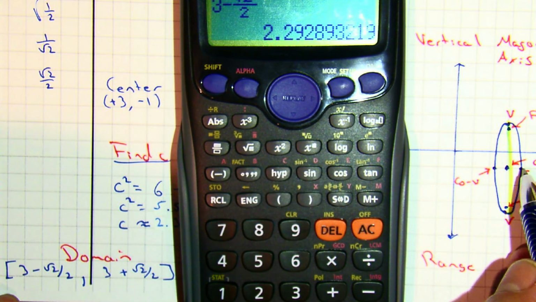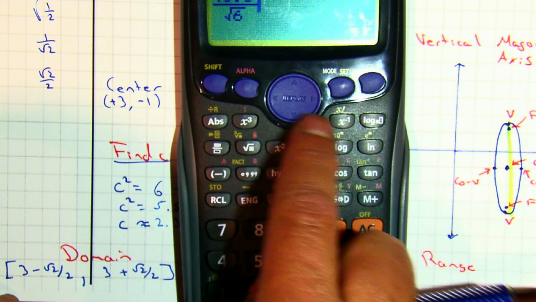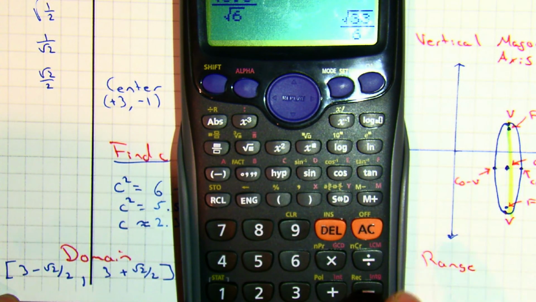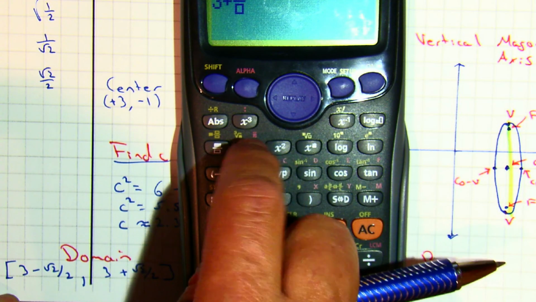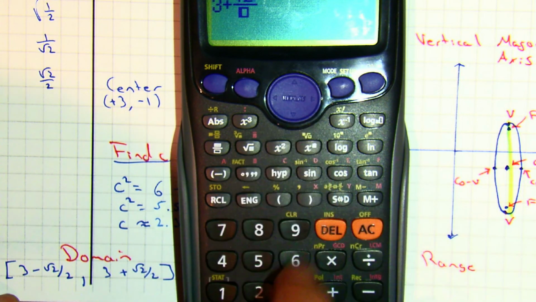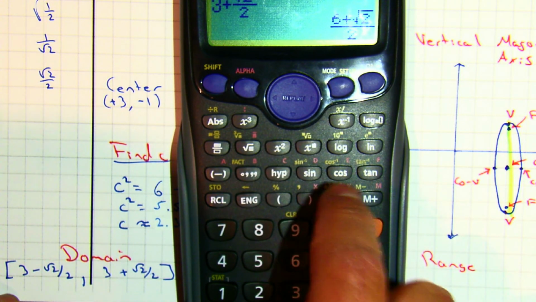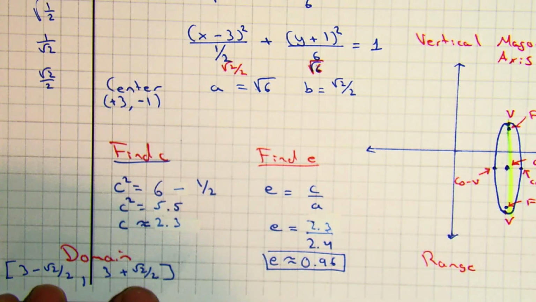And if I want to find this point, I can do 3 plus the square root of 2 over 2. And that'll be 3.7. But this will be the exact domain.